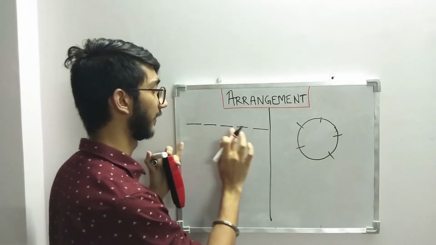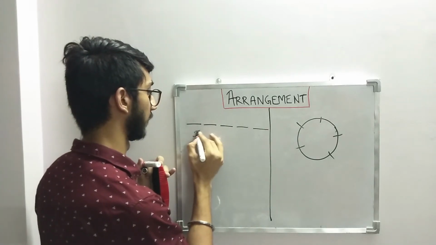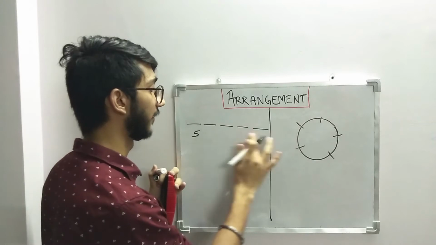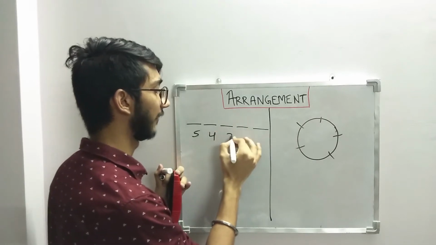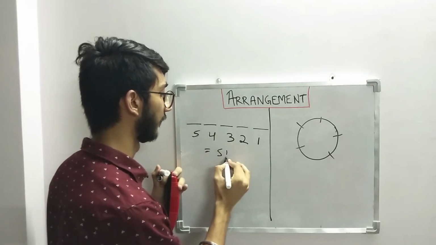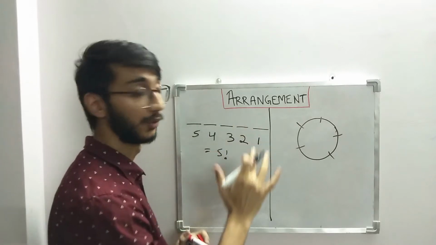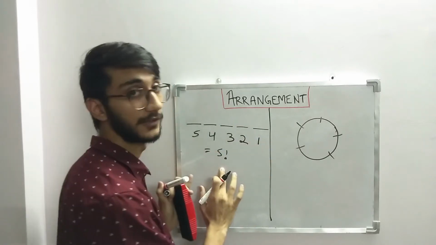He can stand here, here, here, or anywhere. So A has five choices. Next B will come. B will have four choices. C will have 3, 2 and 1. That means my answer will be 5 factorial ways. So if 5 people have to stand in a row, they will have 5 factorial ways to stand.